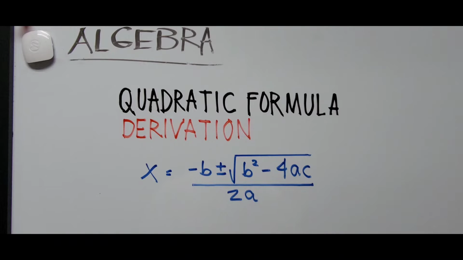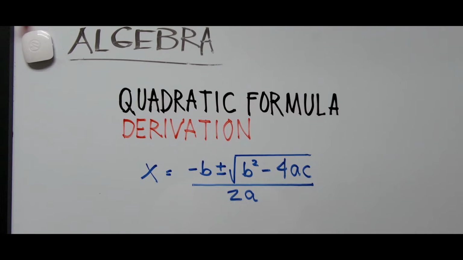The formula is normally used whenever factoring a quadratic equation to find the value of the variable fails. This means that the quadratic equation being considered is not factorable. So this quadratic formula is indispensable in finding the value of the variable in a quadratic equation.